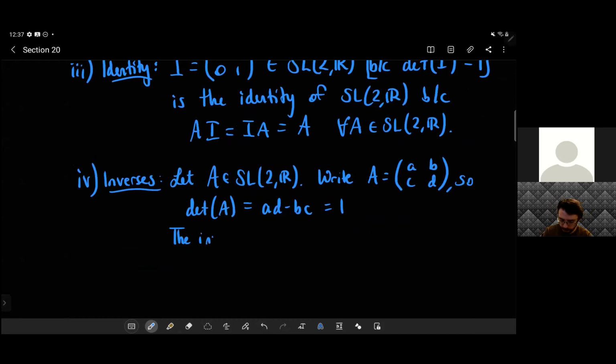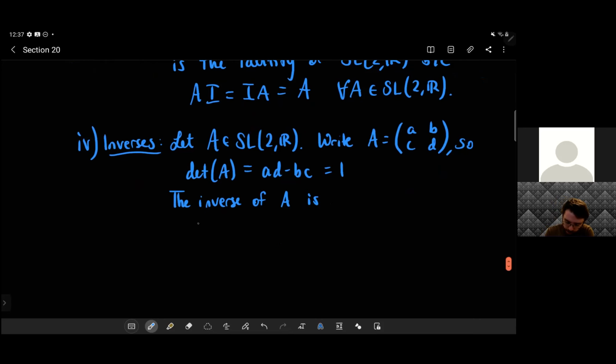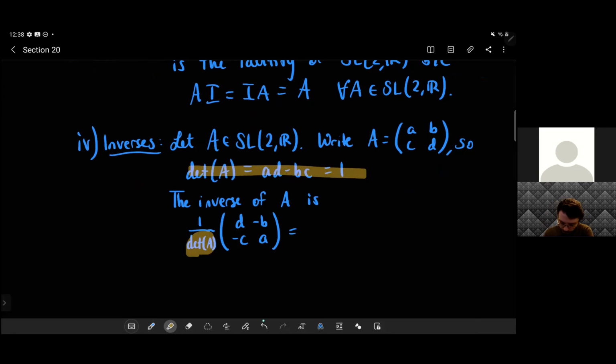The inverse, if you just take the normal matrix inverse, there's a formula for it. I don't know if you remember, but it's 1 over the determinant, and then you multiply it by, you swap the diagonal entries and negate the off diagonal entries, at least for a 2x2. But the determinant of A we just said was 1.